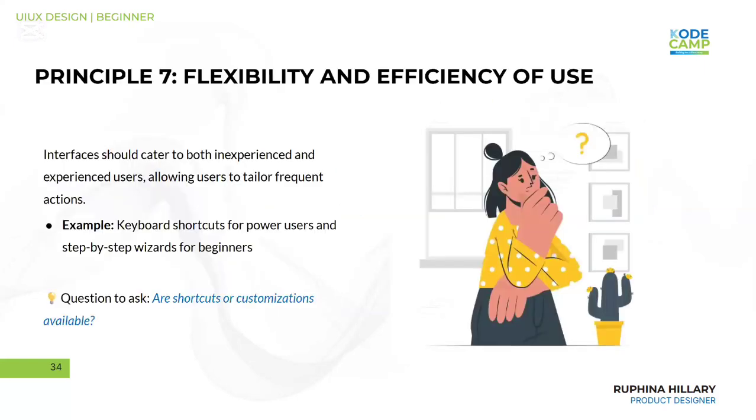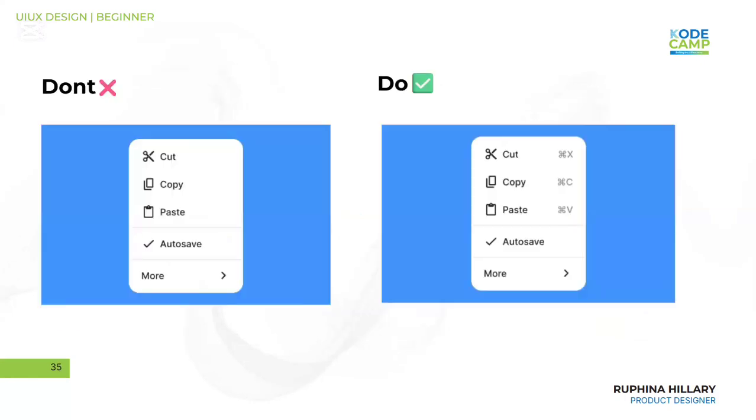And for the seventh principle, there are a lot of principles, there are 10. So we have flexibility and efficiency of use. Interfaces should cater to both inexperienced and experienced users, allowing users to tailor frequent actions. Flexible means that our product should not be rigid. It should be flexible. It's as simple as having, let me say, cut.